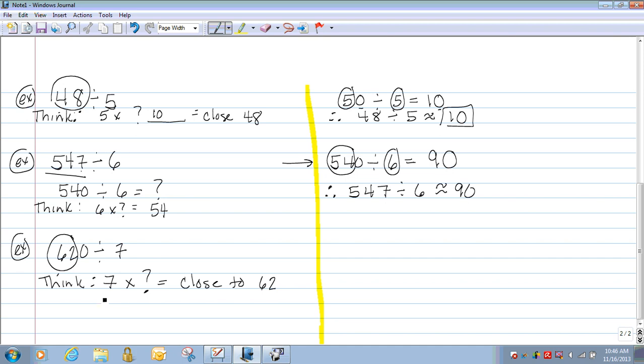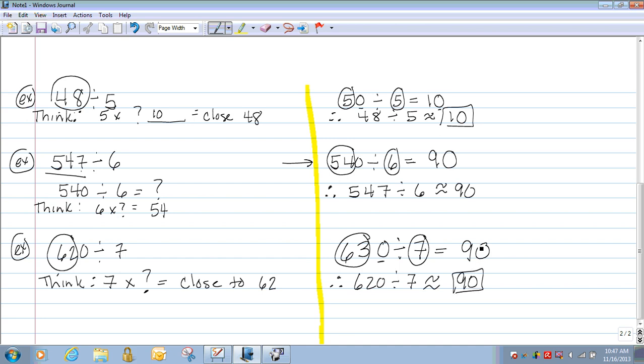Well, we know that 7 times 9 is 63, and that's close to 62. So we can do 63, or 630, divided by 7. 63 divided by 7 equals 9, and I place my 0, and that equals 90. Therefore, 620 divided by 7 is about 90. Push pause.